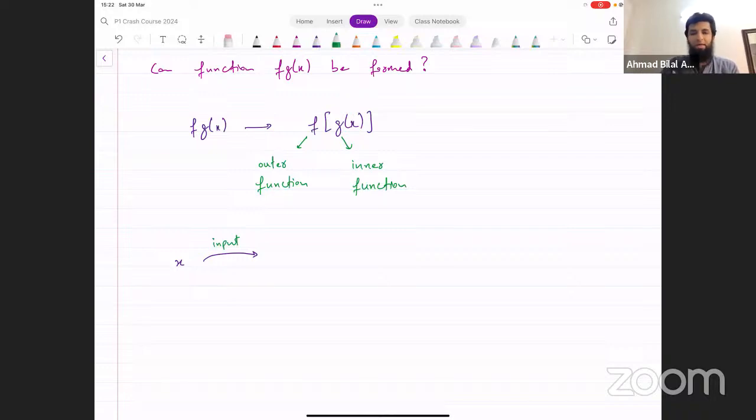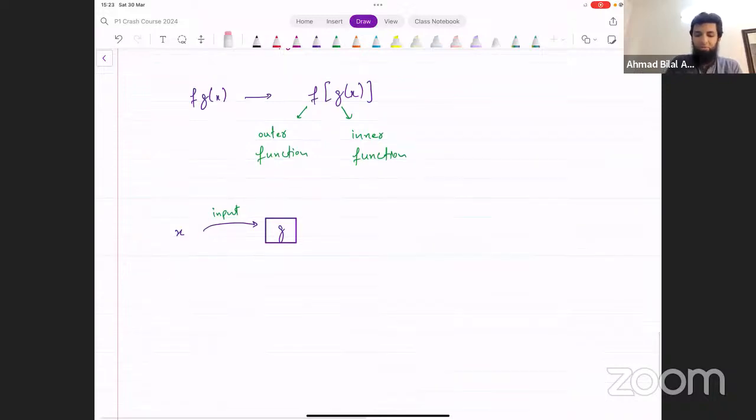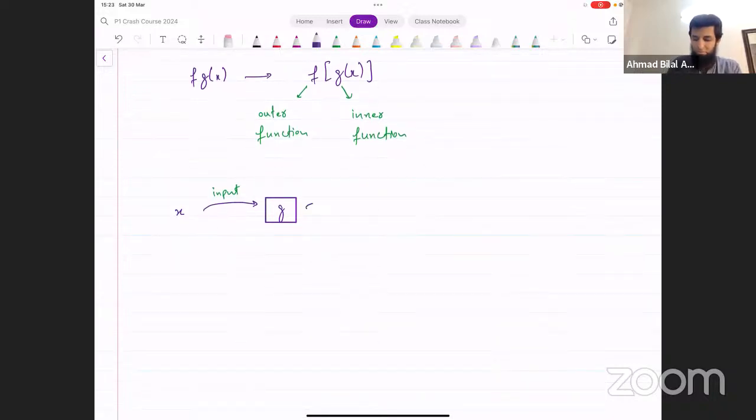So first of all, x goes as an input to the function g. That's the first thing that happens. Now g applies some operation on x and gives you an output. What is that output going to be? That output is going to be g of x. All right, that's what we get at the end, g of x.